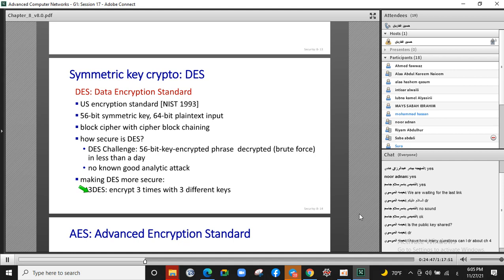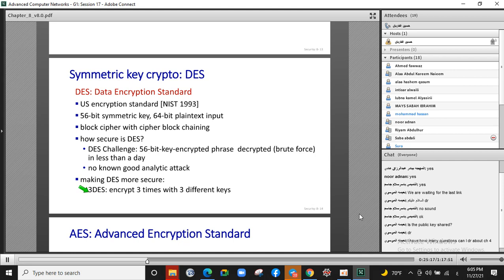During the first step, I'm using, for example, key number 1. In the second round, I'm using key number 2, and in the third round, I'm using key number 1. So in triple DES, we need 3 different keys, but we can reduce them to 2 different keys.